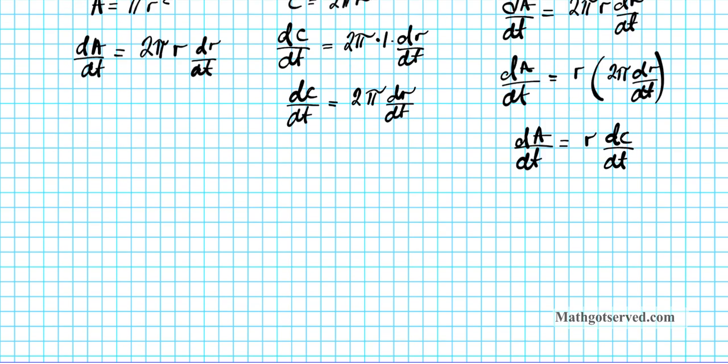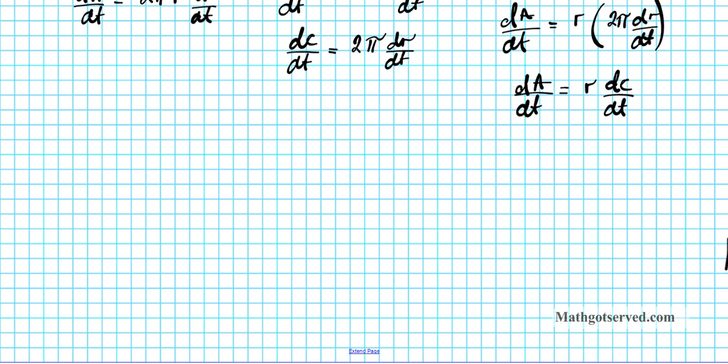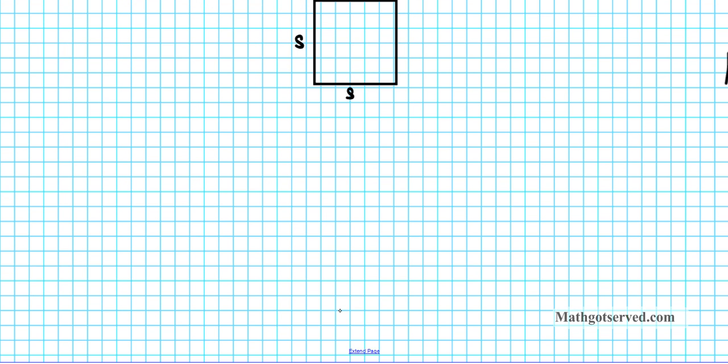Okay, let's shift our attention to a square. What if we have a situation involving a square? So let's say we have a square of side length s. We know what the area and the perimeter are. So let's do the area first.